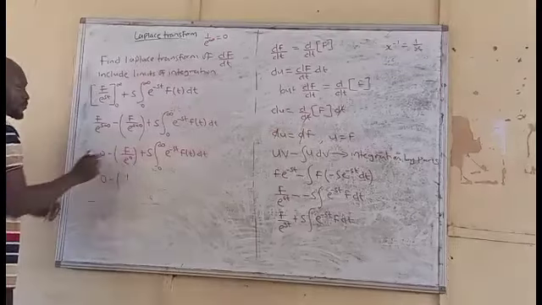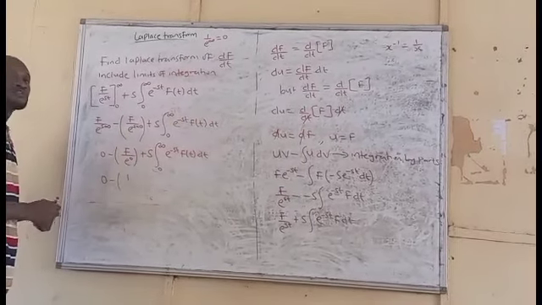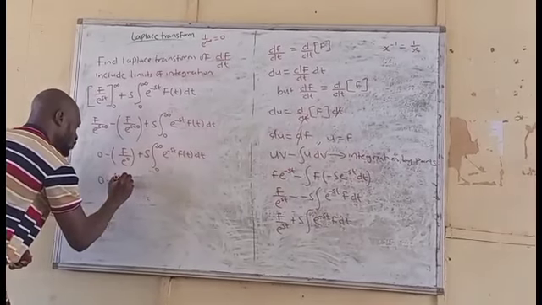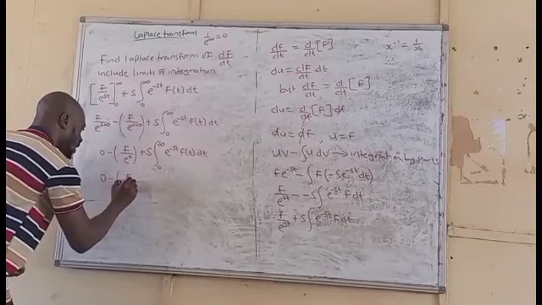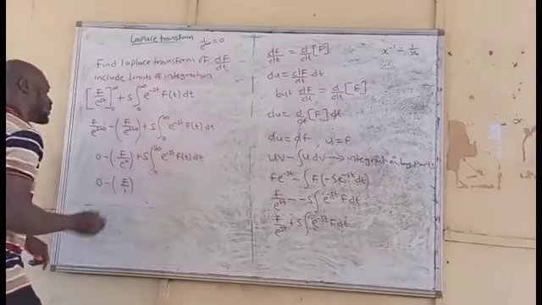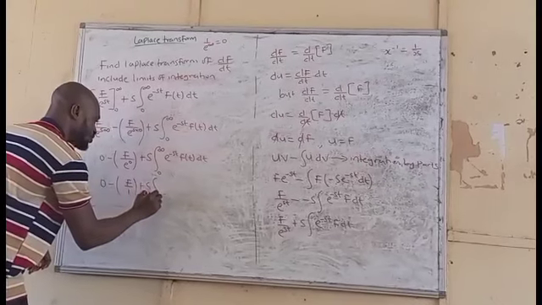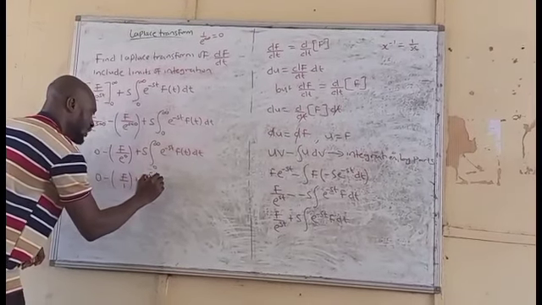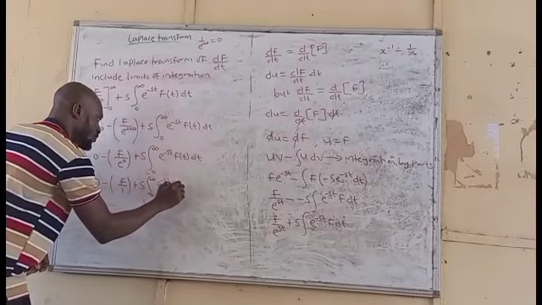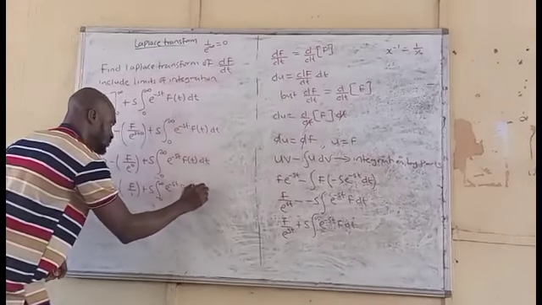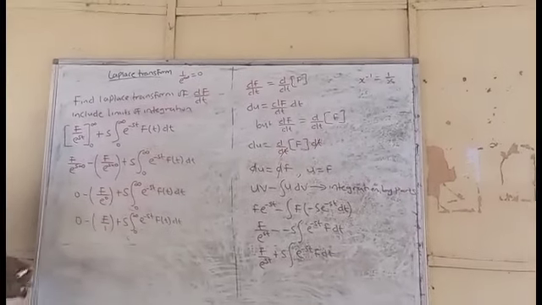So now I have 0 minus bracket f divided by e raised to the power of 0, and e raised to the power of 0 is 1. So I have f over 1, plus s, then I have my integral sign of 0 to infinity, then exponential raised to the power minus st multiplied by f of t times what? dt. So now f divided by 1 gives you f.